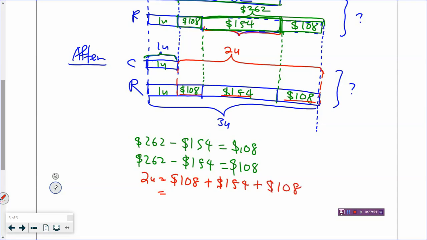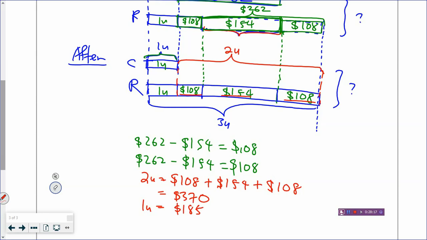Okay, and what do you get? So 108 plus 154 plus 108, and that will be $370. So your 2 units is 370. So your 1 unit will be 370 divided by 2. That will be $185.